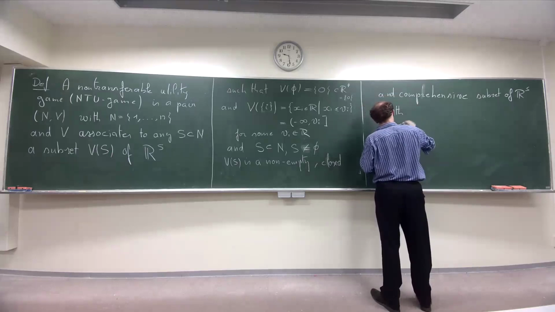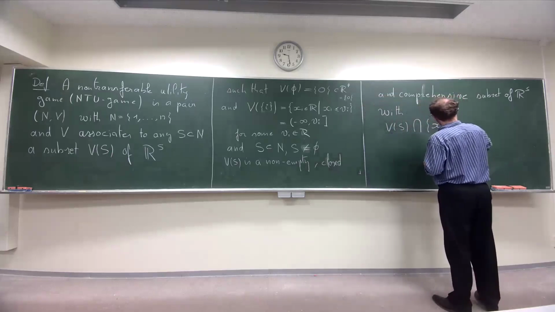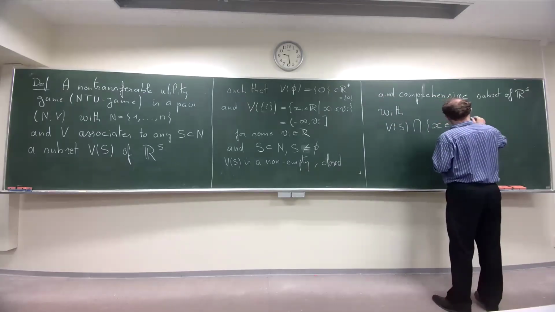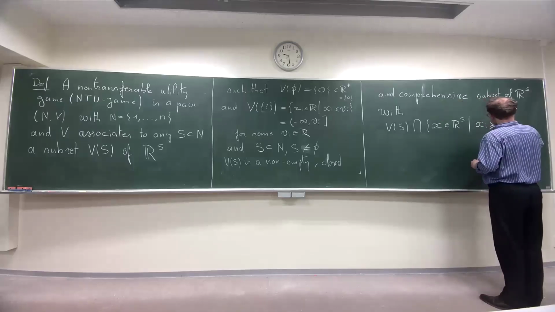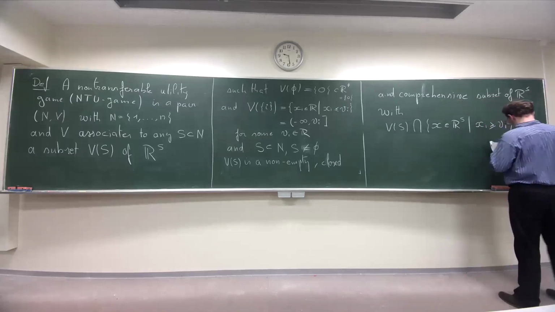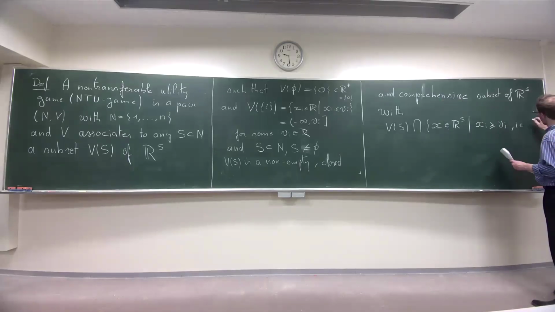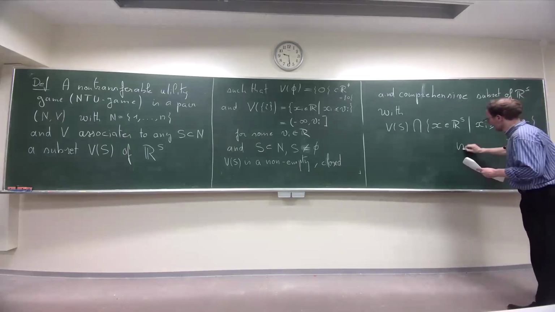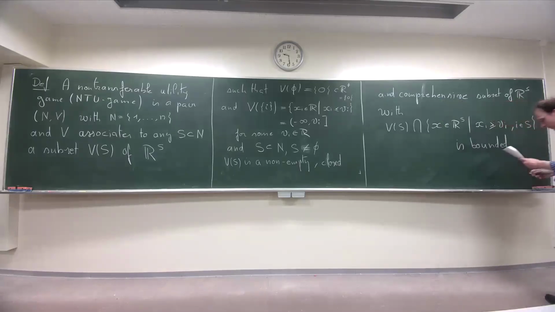V of S intersection the set of x in R^S, so that xi is bigger or equal to vi, is bounded. I will give you just now an example.